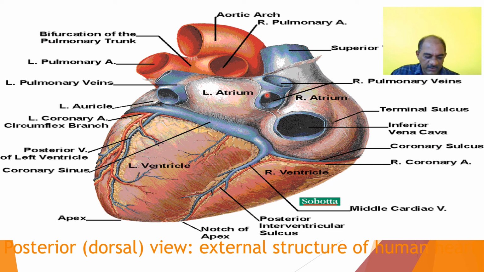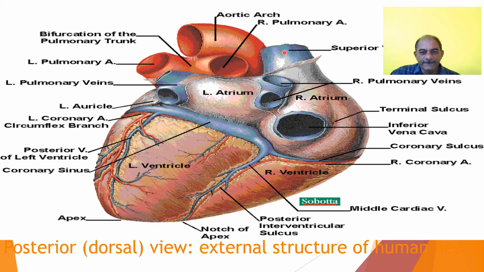So those are the pulmonary veins, and pulmonary veins carry pure blood toward the heart from the lungs. Then another one, superior and inferior vena cava is also present. One is the inferior vena cava, another is the superior vena cava, also seen in this dorsal view of heart.